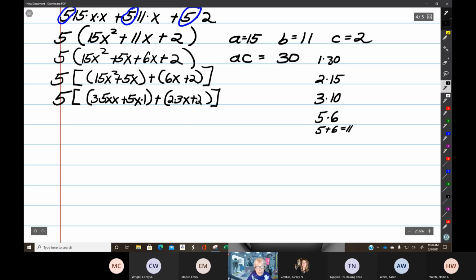Once you pull the 2 out, there won't be anything here. You might be tempted to write a 0. Don't do that. Remember that 2 is 2 times 1.